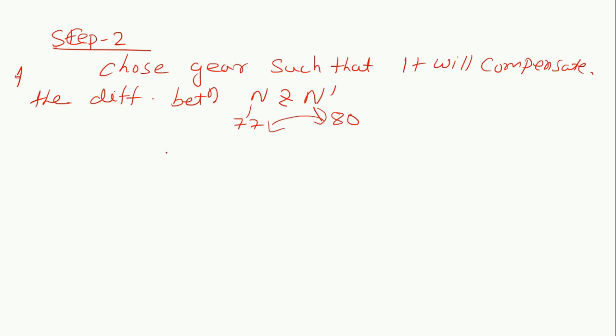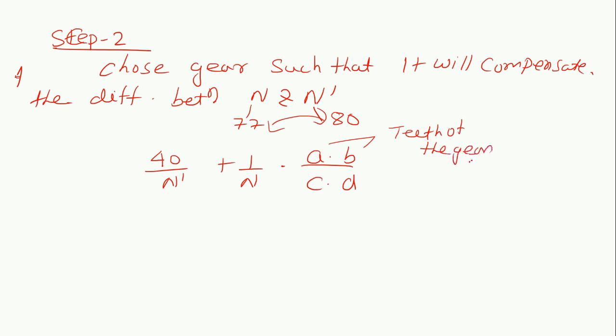As stated earlier, the formula is 40 by N prime plus 1 by N equals A, B, C, D. A, B, C, D are the teeth of the gears. A detailed description is attached with this video in the description, so you can download it. This should satisfy this equation. For simplification, I am making this the simplified formula, so I am avoiding two steps.